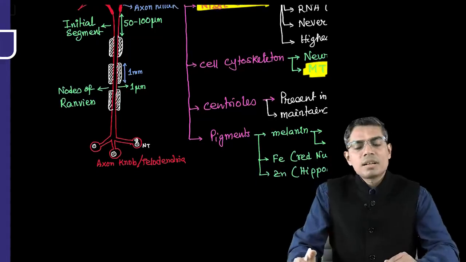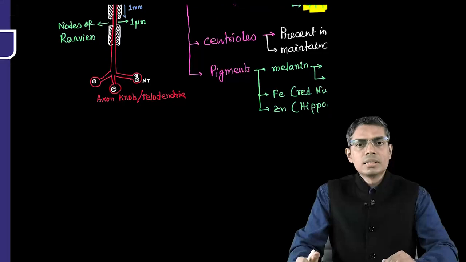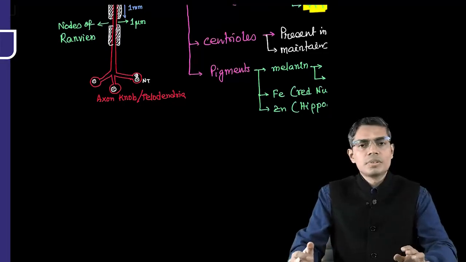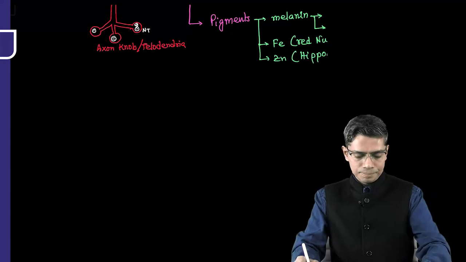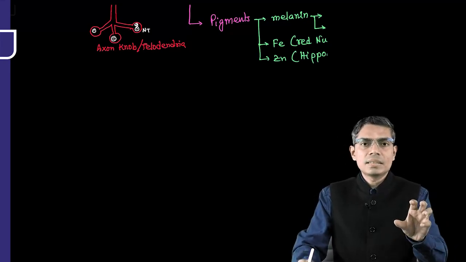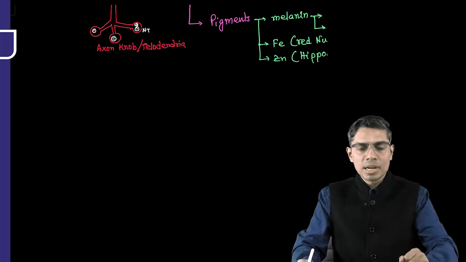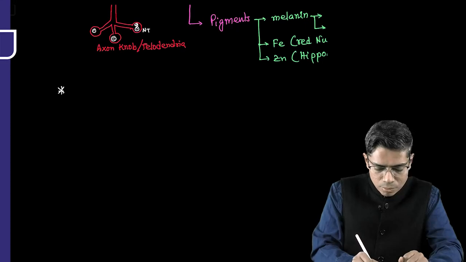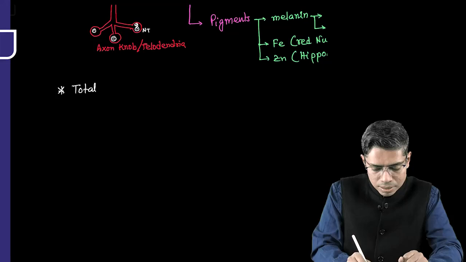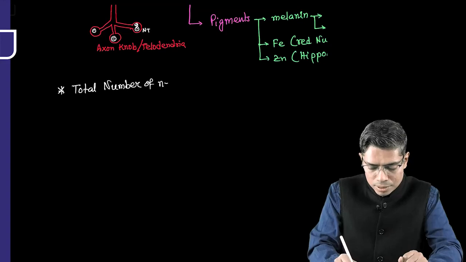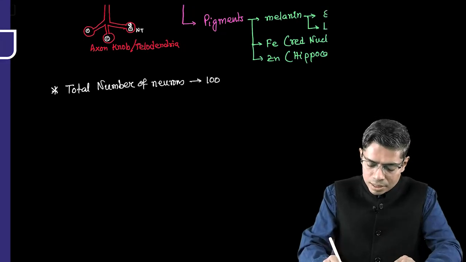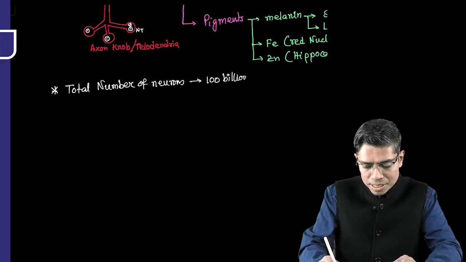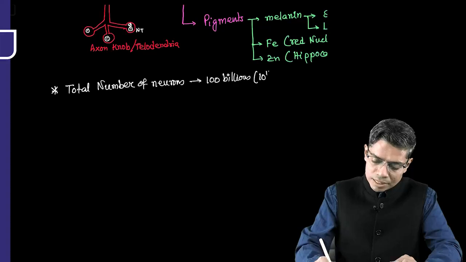Now after this structural part, we are going to discuss the functional areas of the neuron. But before the functional areas, I'm going to give you some data, like the neuronal number. If the question is, what is the total number of neurons present in the central nervous system, your answer is 100 billion, that is 10 to the power 11.